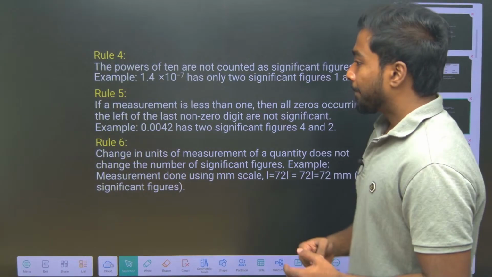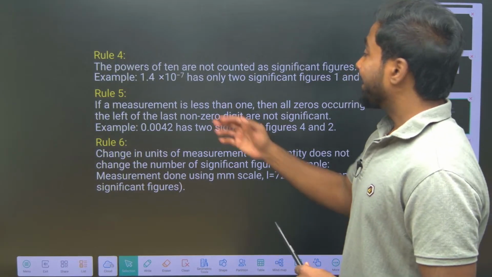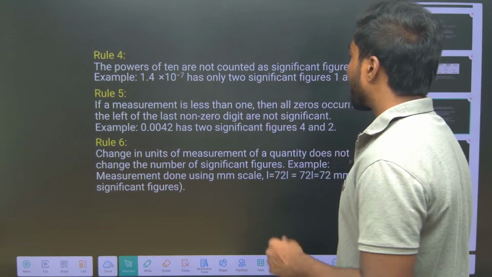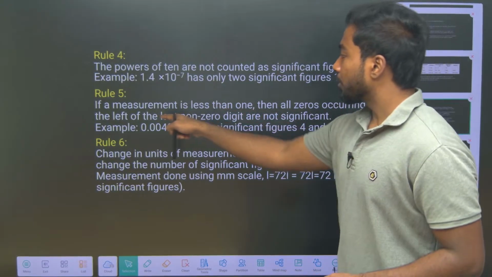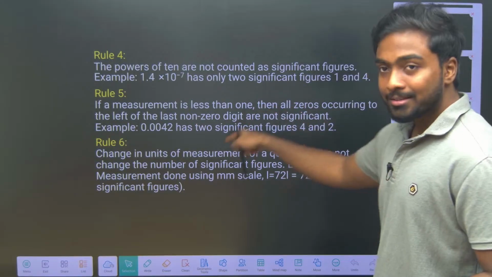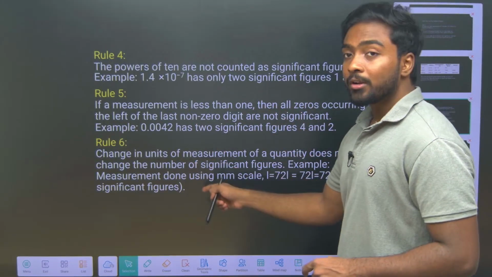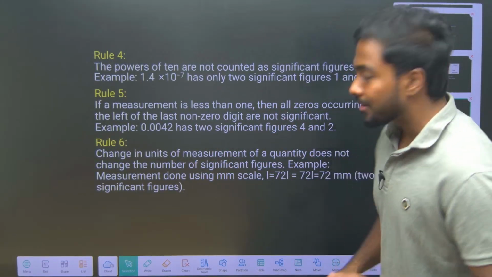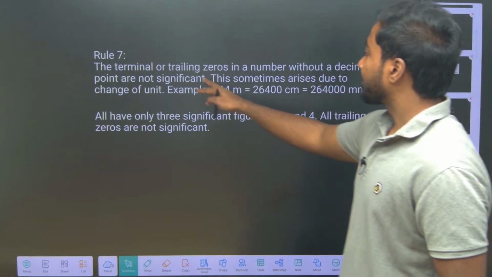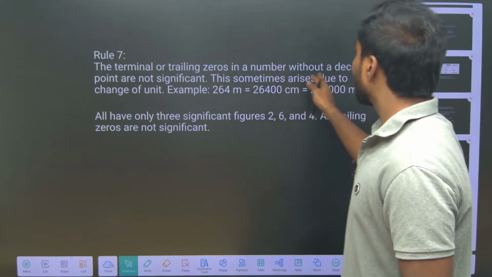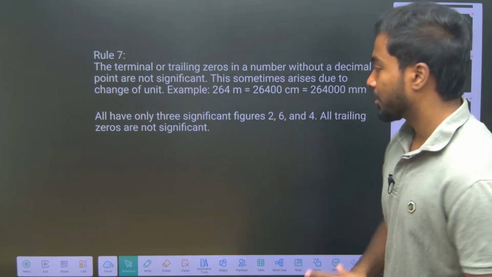Fourth one, the power of 10 are not significant. And rule number 5, if a measurement is less than 1, then all zeros occurring to the left of the last non-zeros are not significant. So change in units will keep the same significant figures. And the 7th rule is trailing zeros in a number without any decimal point are not significant.